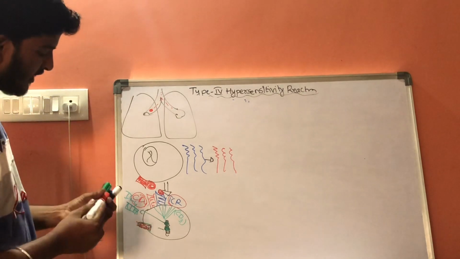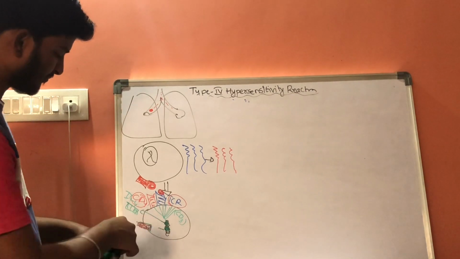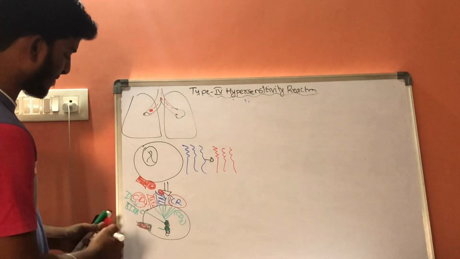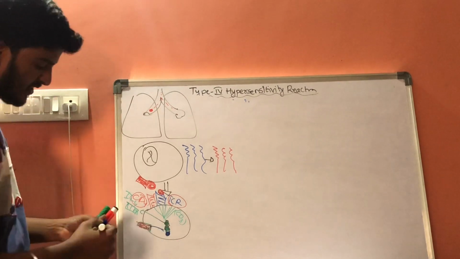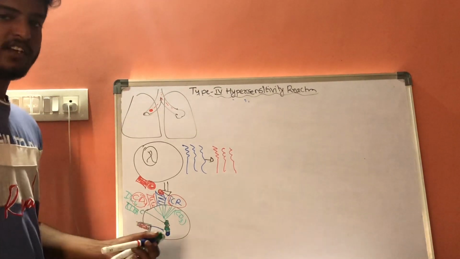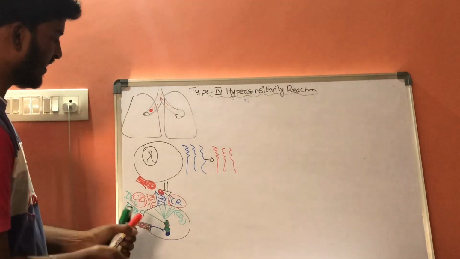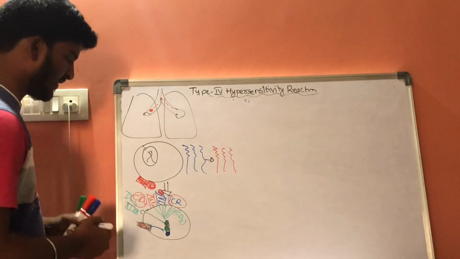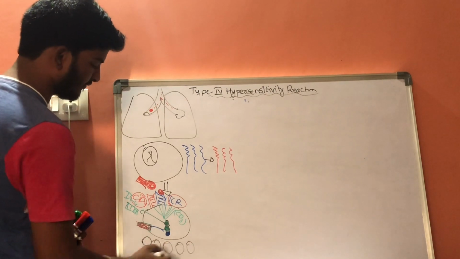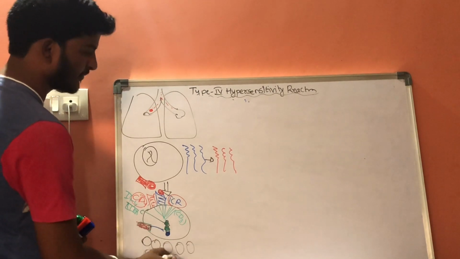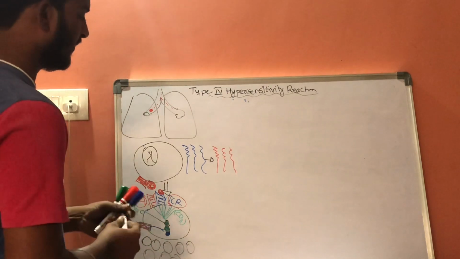Whenever it is filled with interleukin 4, it will activate another set of genes, which results in activation of genes of mitosis. Mitosis takes place, and it results in an increase in number.